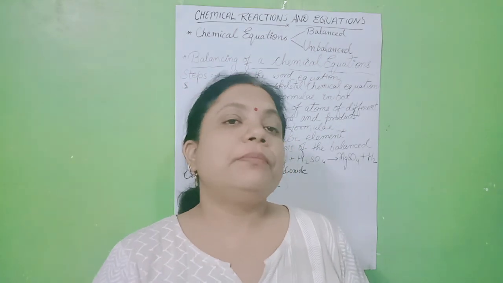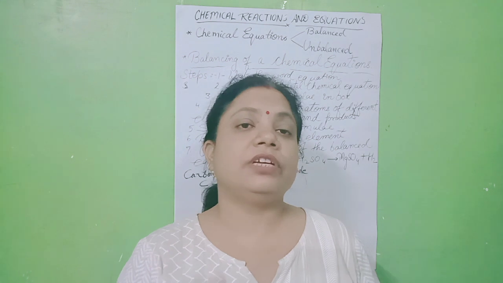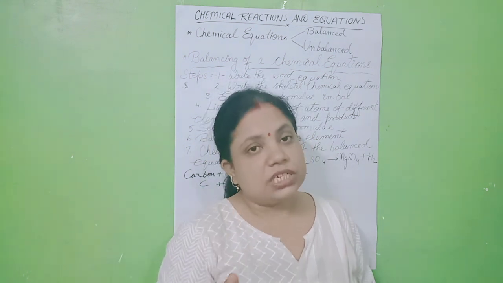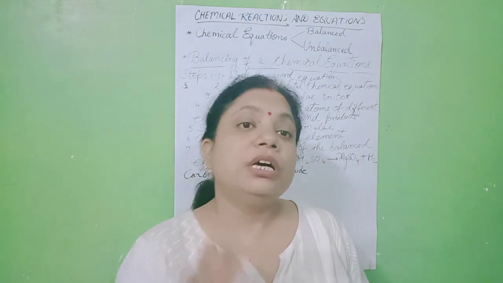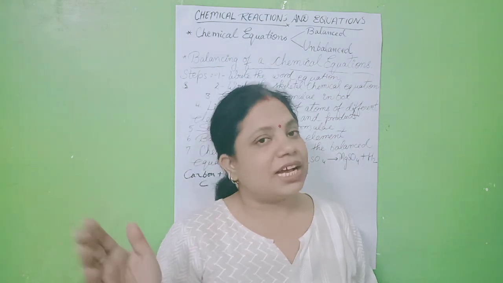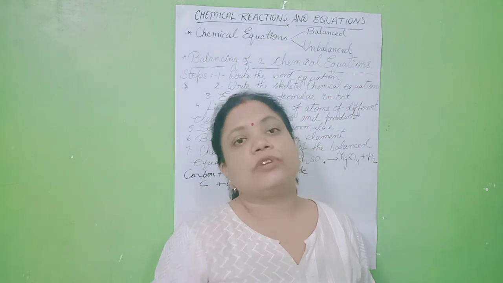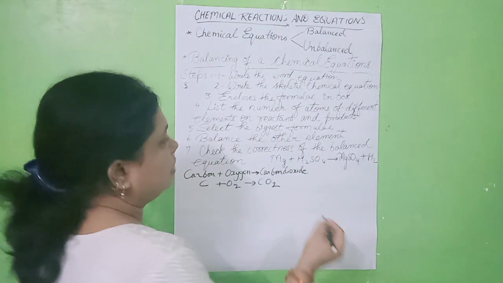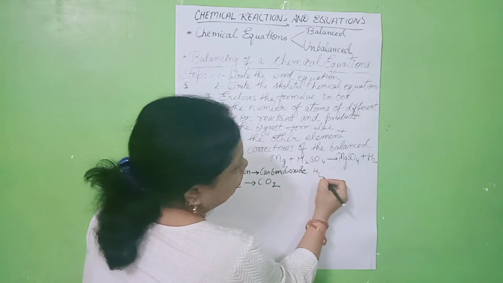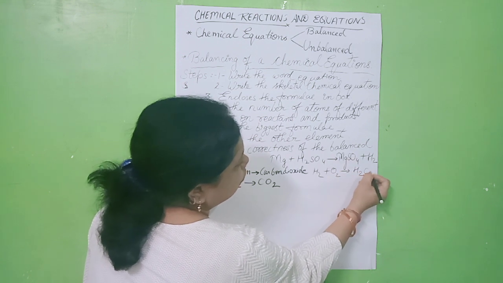Fine. Now an unbalanced chemical equation, obviously, means where the number of atoms present on the left hand side is not equal to the number of atoms present on the right hand side. That means the reactant atoms are not equal to the product atoms. For example, students, if I take H2 plus O2, it will form H2O.